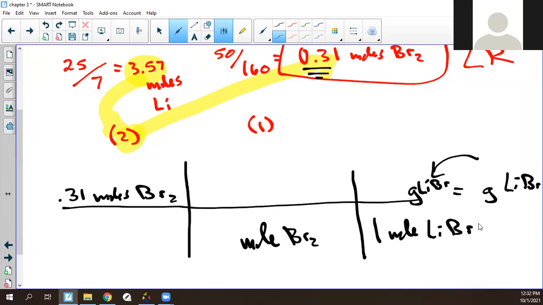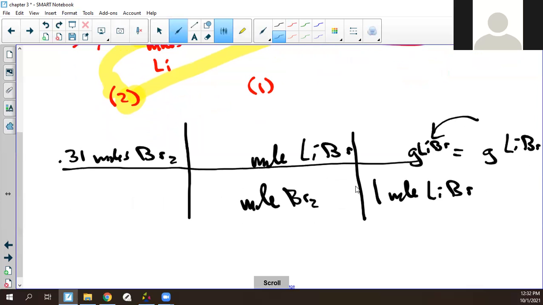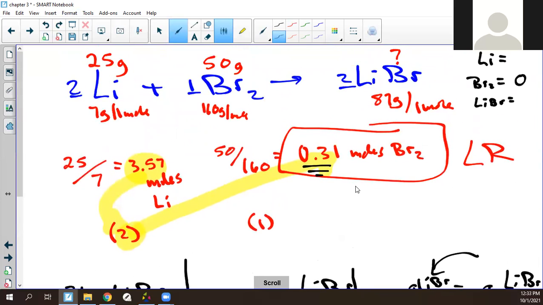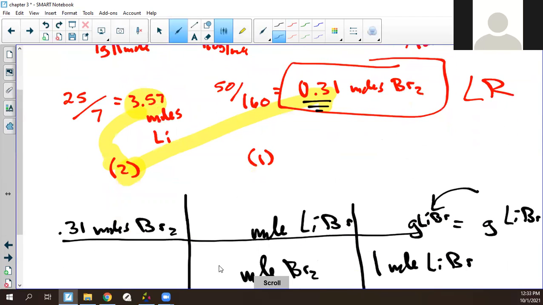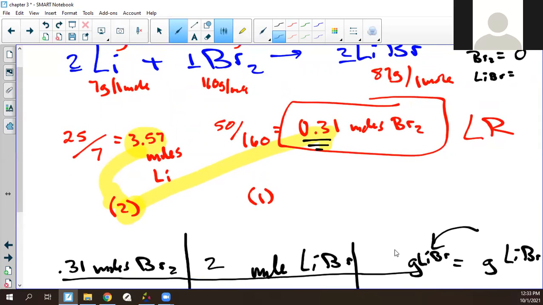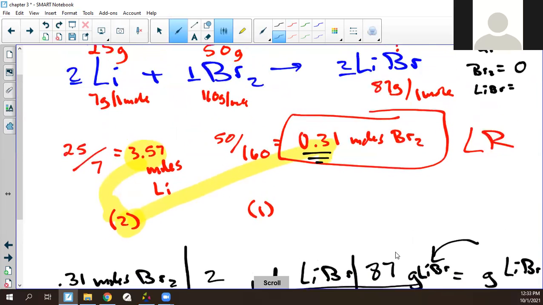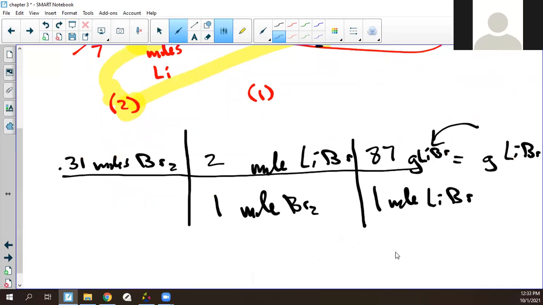If this unit's here, what unit is there? Moles of lithium bromide. Is that a relationship? It is. Where do I find that relationship? The balanced reaction. Bromine is a 1, lithium bromide is a 2, and 87 is here. I found that earlier. Whoops, I move a lot. I'm sorry. And now I'm ready to do math: 0.31 times 2 times 87.